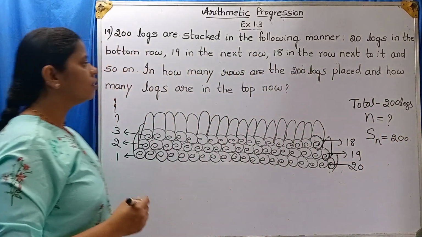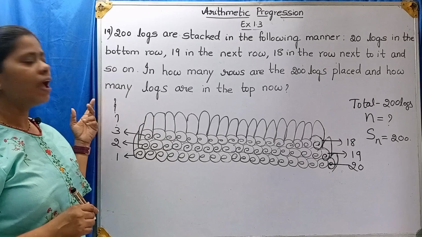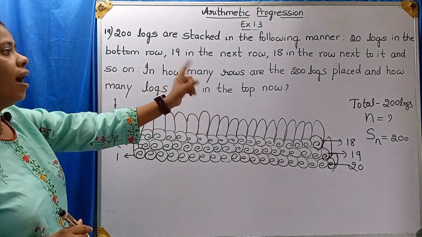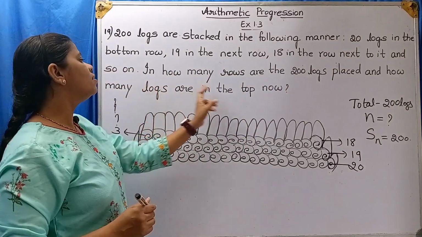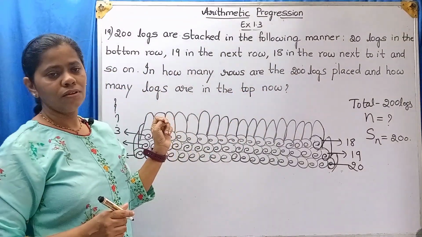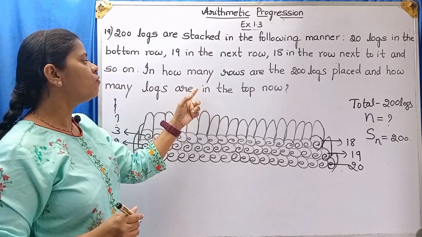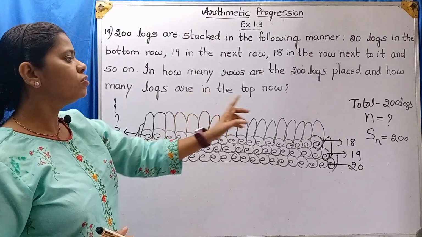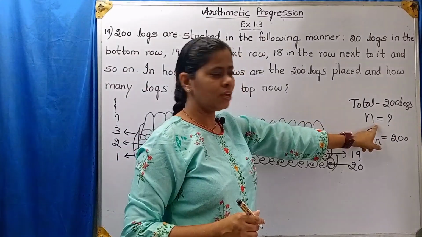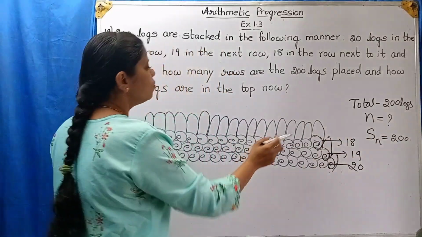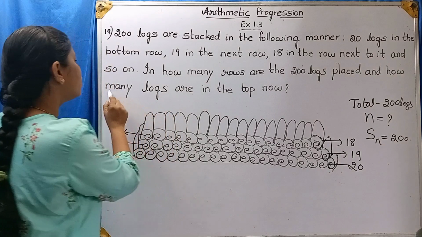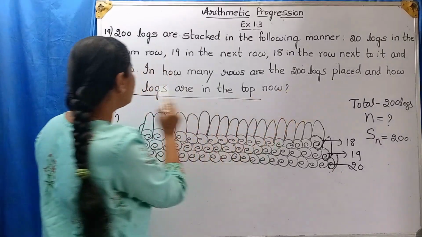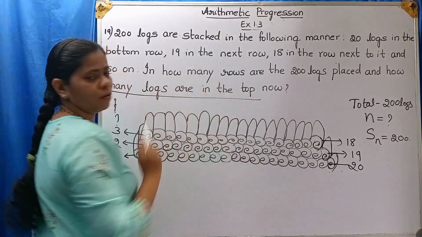Then we also have to find how many logs are in the top row. To find the answer for the next one, we must know the value of n. So first let us find out the value of n. Then next we will find out how many logs are in the top row.